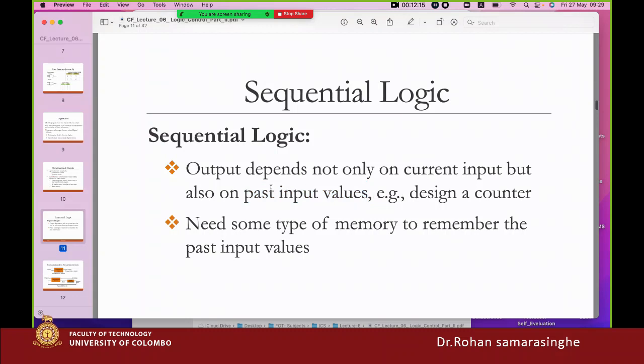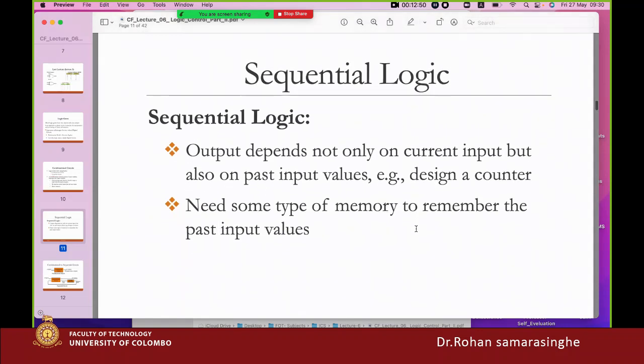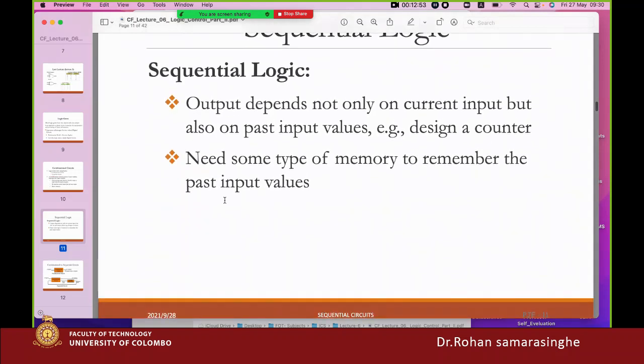That means the output from past inputs is saved in a memory element, and the next time you input data, the state that the circuit saved before in the memory element is given with the new inputs in order to get the output. That's why it needs some type of memory to remember the past input values.